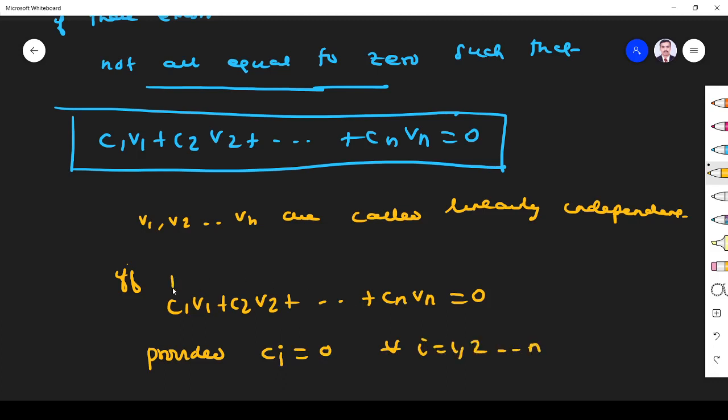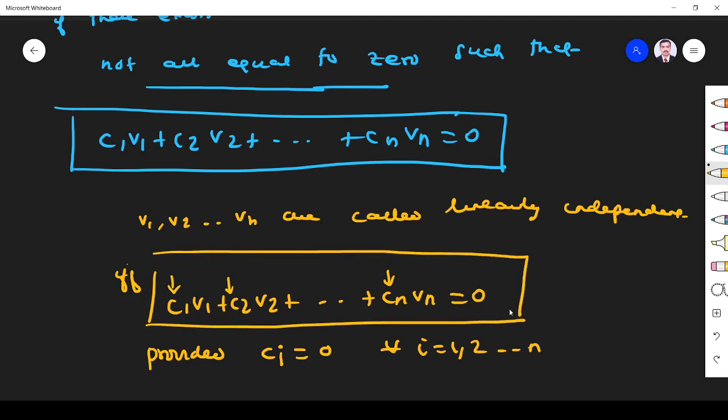If every coefficient c1, c2 up to cn is 0, then only can we call the vectors linearly independent. I hope you understand this concept. If at least one coefficient is not equal to 0, then they are called linearly dependent.